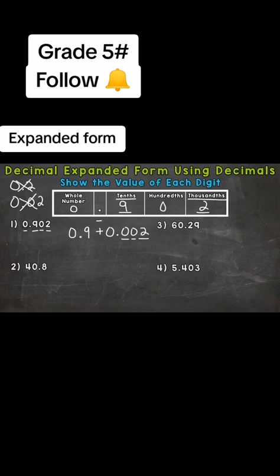Now, when it comes to expanded form using decimals, there are 2 different ways to do it. So I'm going to show you the second here, and I refer to this as the parenthesis method. So we want to start with the first digit that we're going to show the value of. And in this case, it's going to be the 9 in the tenths. So we start with our 9 and a parenthesis, and we multiply it by the place that digit is sitting in.